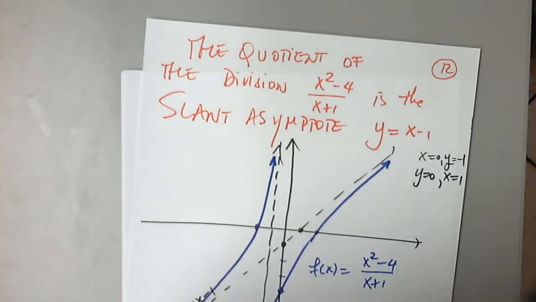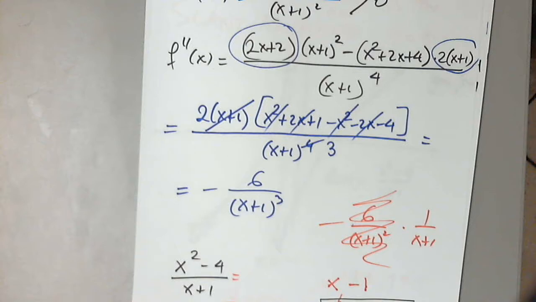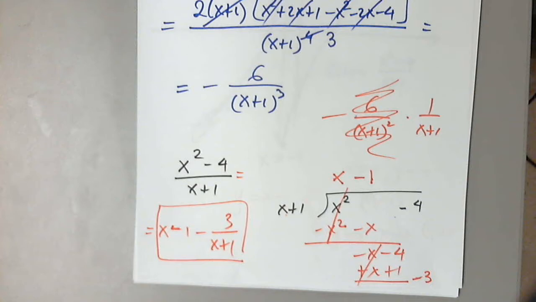Very good question. So we divided this function and we got this, right? The quotient minus the remainder over the divisor. This is the same as the function. So now when I find the limit of this as x approaches infinity, this piece goes to 0 and this piece goes to infinity.